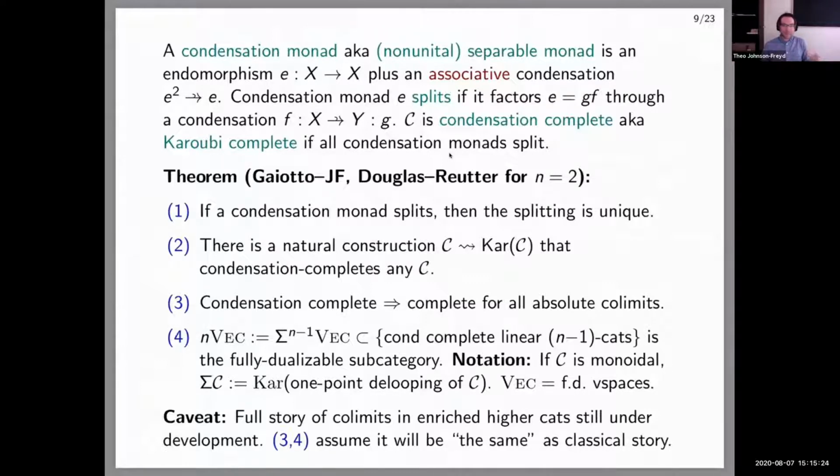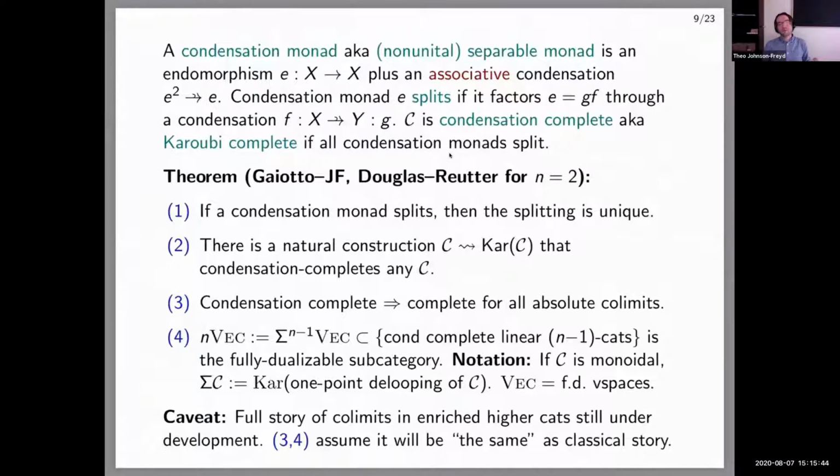I'm confident about our theorems, but our theorems use some statements about colimits in enriched higher categories. These are technical statements. We don't use a lot of the story of colimits in enriched higher categories, but we use a little bit of it. This story has not been written.